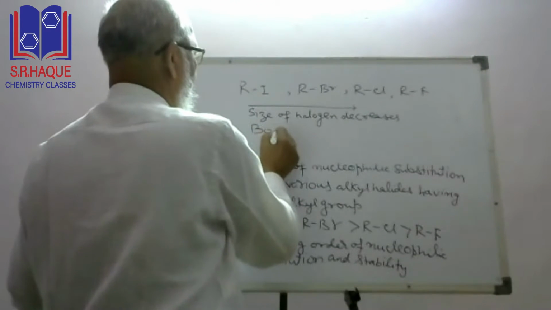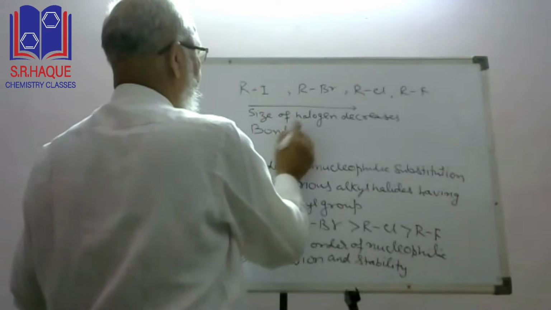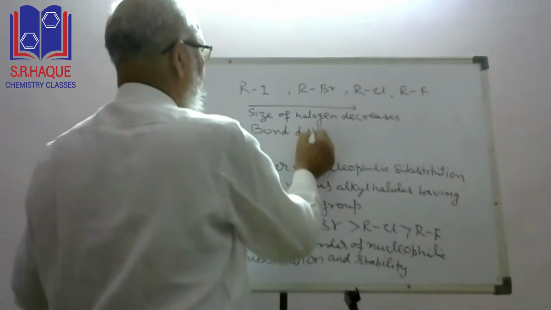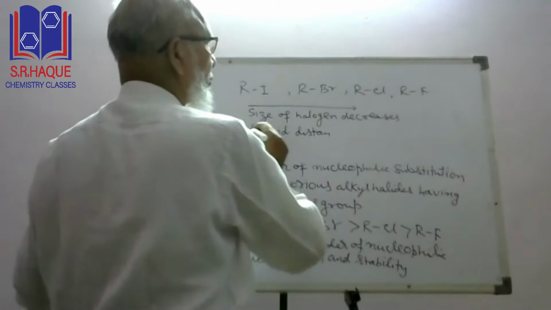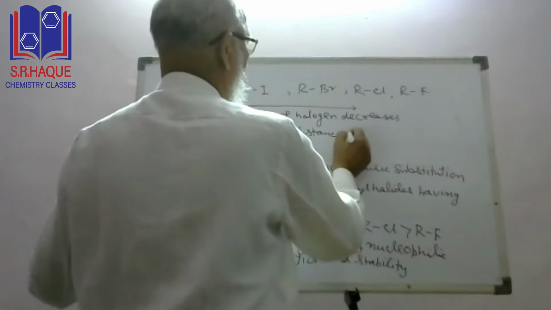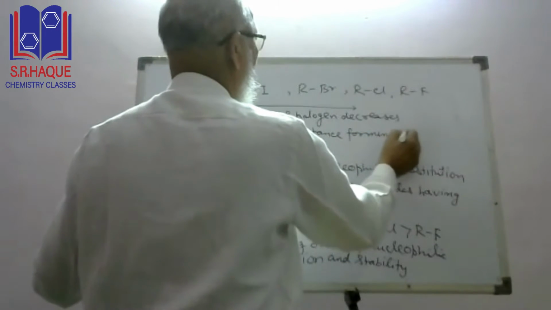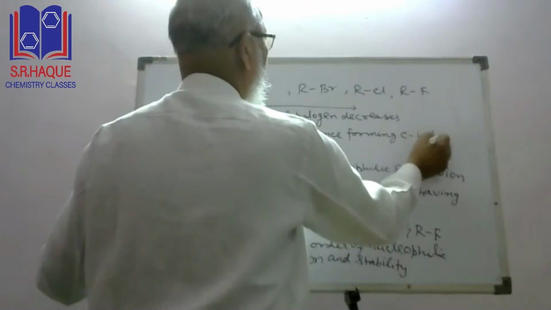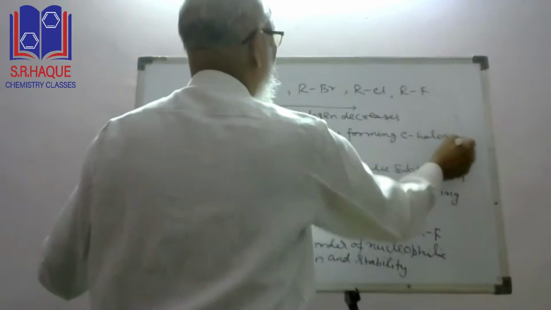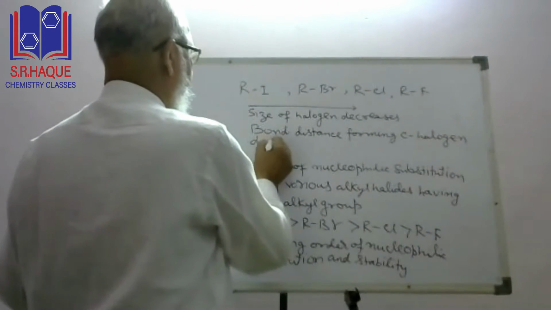Therefore, the carbon halogen bond distance decreases.